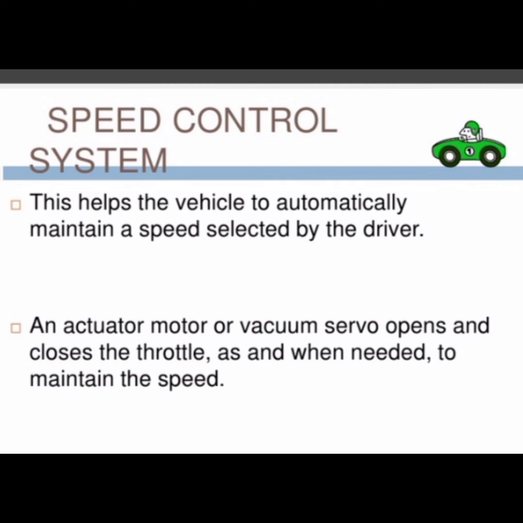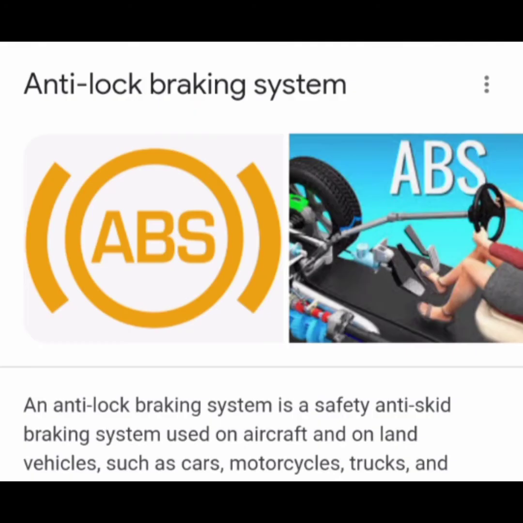The picture of the airbag shows the crash sensor, indicator lamp, and diagnostic module. Next, see the speed control system. This helps the vehicle to automatically maintain a speed selected by the driver, and a motor or vacuum servo opens and closes the throttle as needed to maintain the speed.